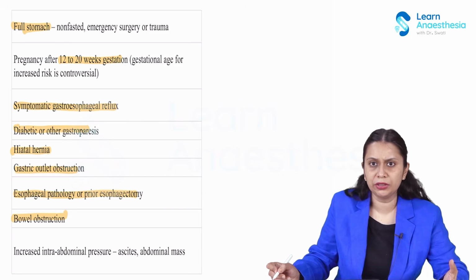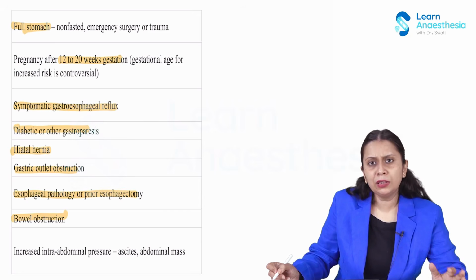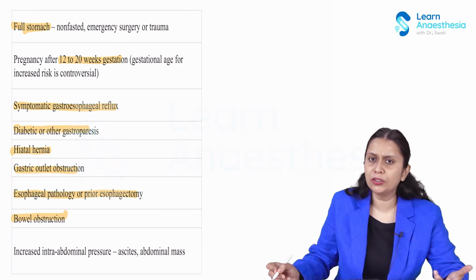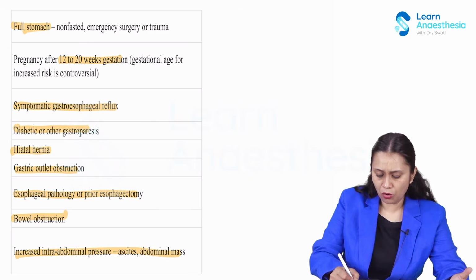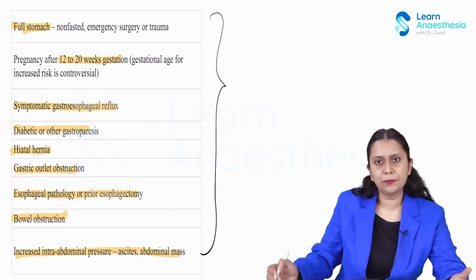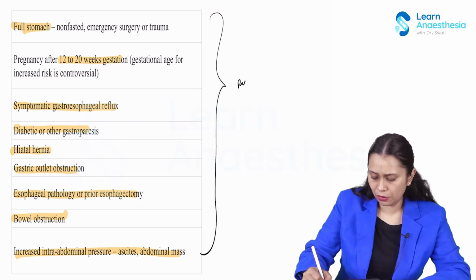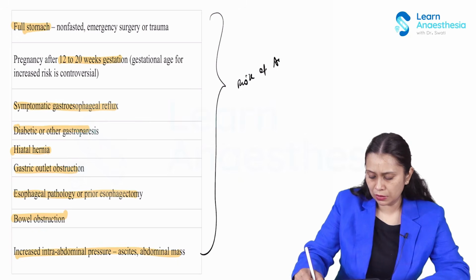Other causes of increased intra-abdominal pressure, like obesity and intra-abdominal tumors, also increase the risk of aspiration. So in all these patients, the risk of aspiration is higher.